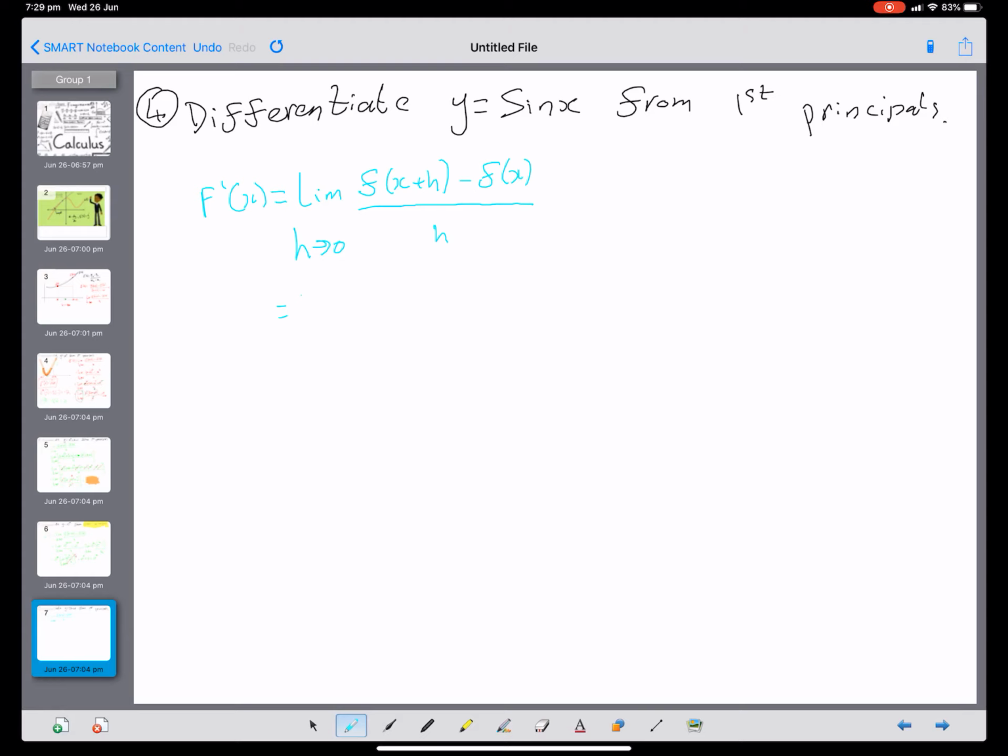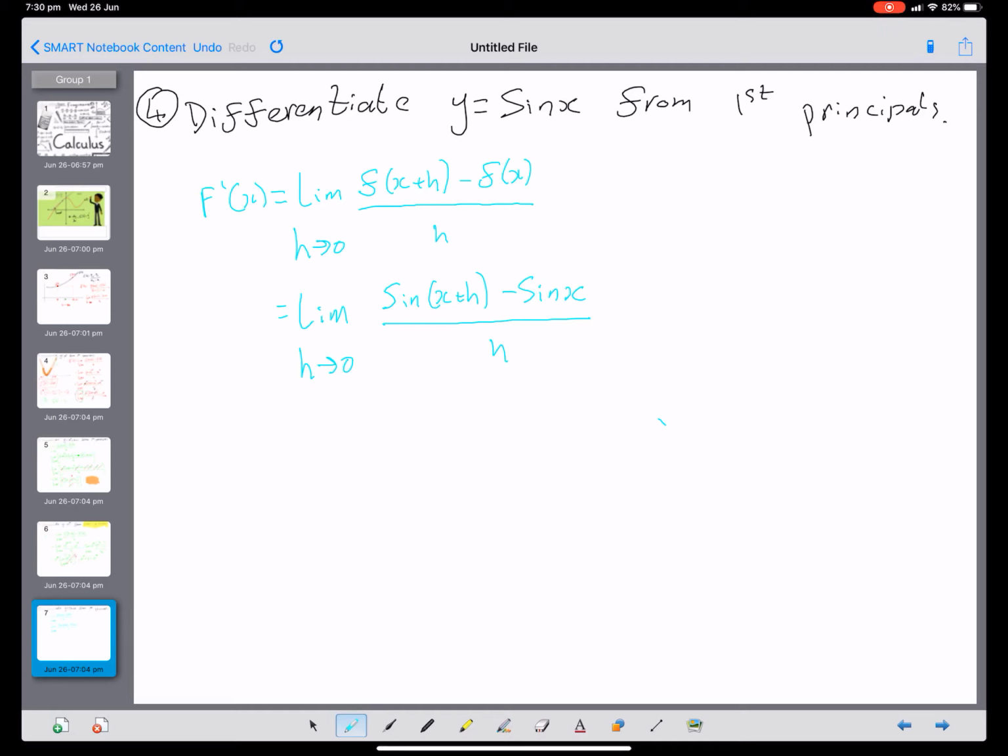So we've got the limit as h goes to 0 of sine of x plus h minus sine of x, all over h.